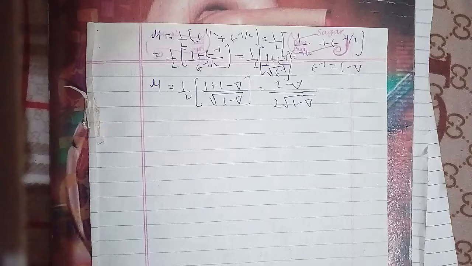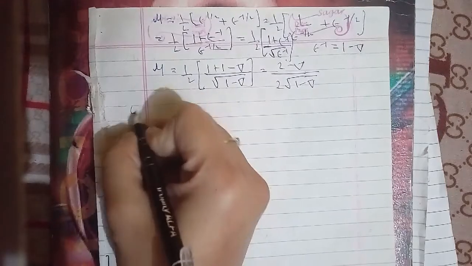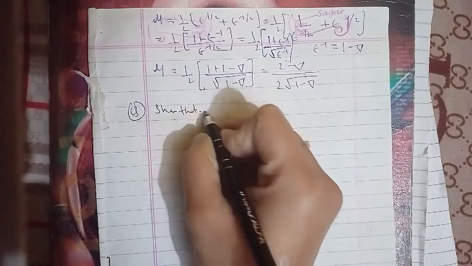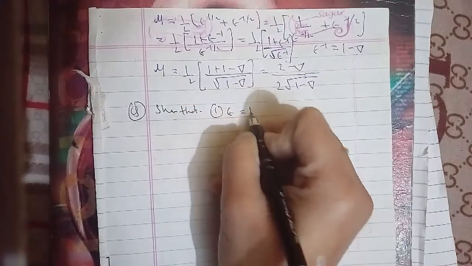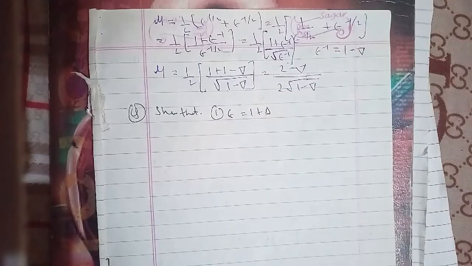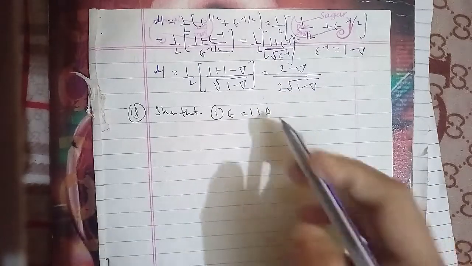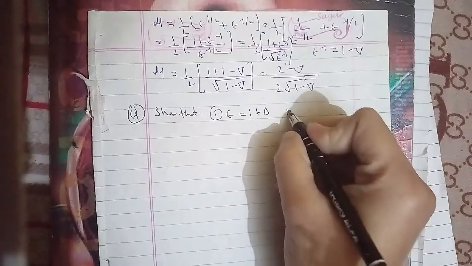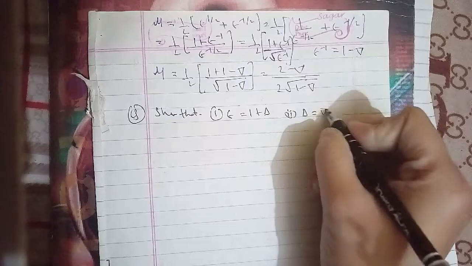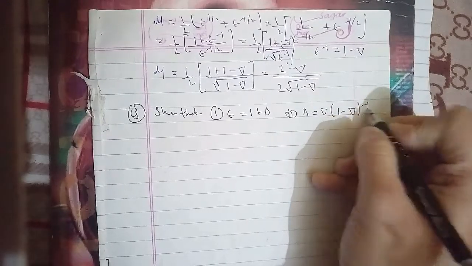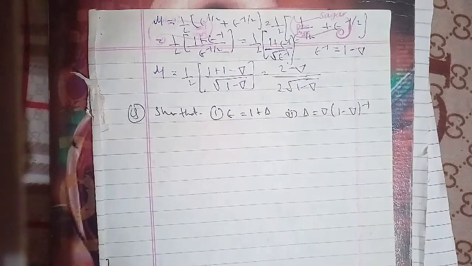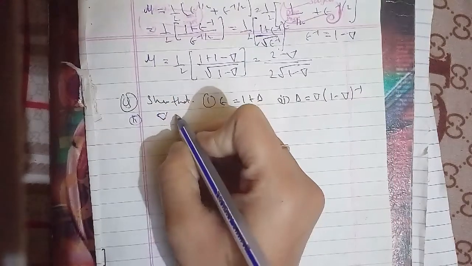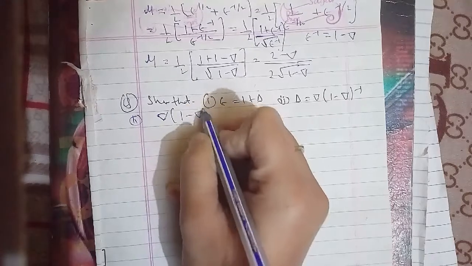Now we go ahead to another one. The question is to show that, first, e equals 1 plus forward, which we have proved above. The second is forward equals backward (1 minus backward) inverse. We prove it from the right hand side, backward (1 minus backward) inverse.